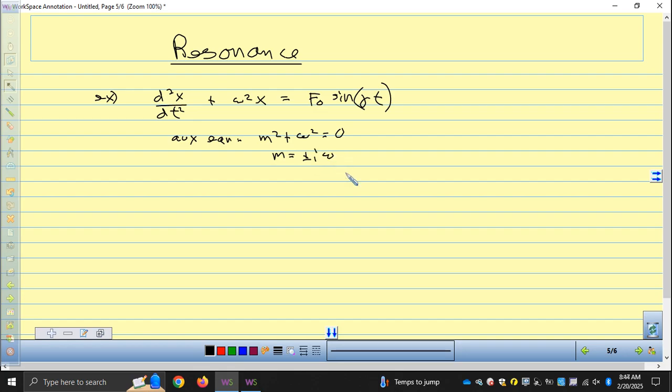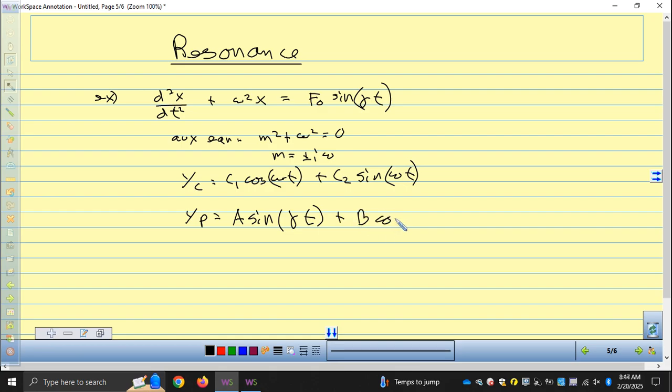So we get sines and cosines. So our complementary solution is C1 cosine omega t plus C2 sine omega t. And using undetermined coefficients, we would say our particular solution is A sine gamma t plus B cosine gamma t.